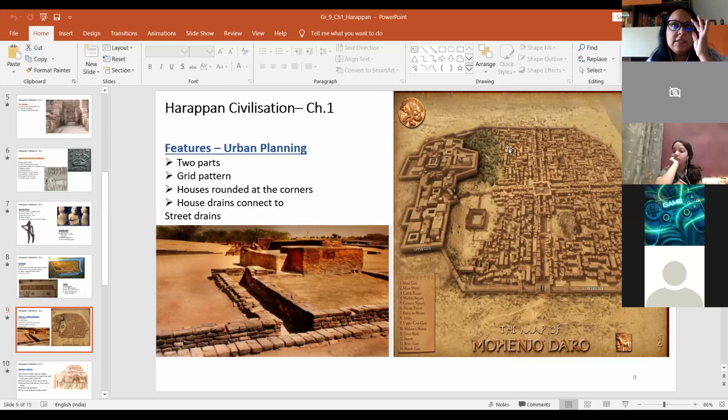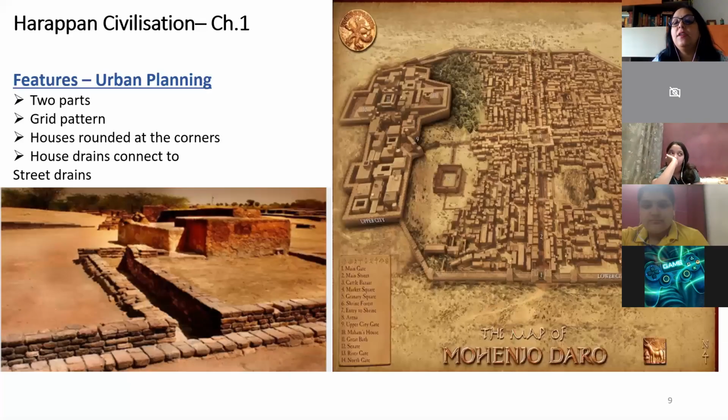All these are the sources from where we got to know a lot of information about the Harappan civilization. So now we are going to see features of town planning. How was a Harappan town planned? What was the design or the layout of their city? That is what we are going to see now.